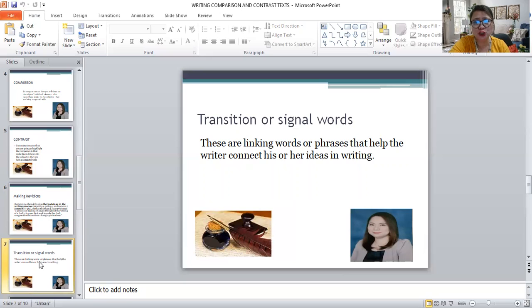Especially make sure that spellings are all correct, the appropriate punctuation marks are used properly, and also transition or signal words, which are linking words or phrases that help the writer connect his or her ideas in writing. Later on, you could use all of these transition or signal words in making your own composition.